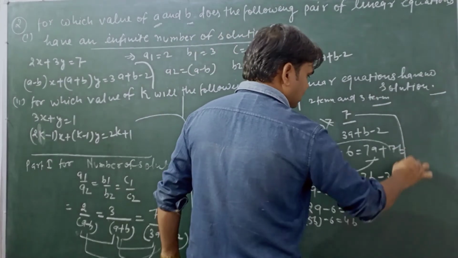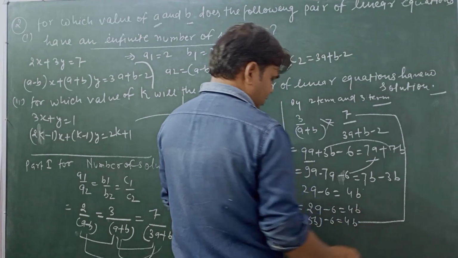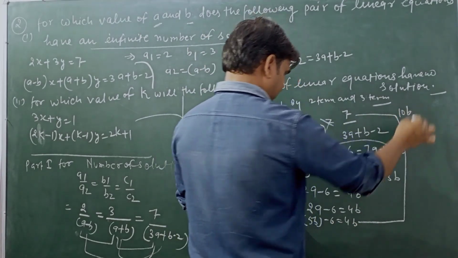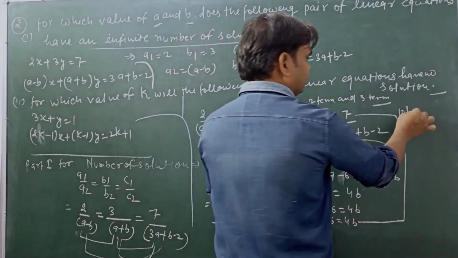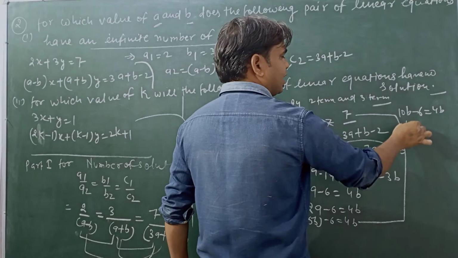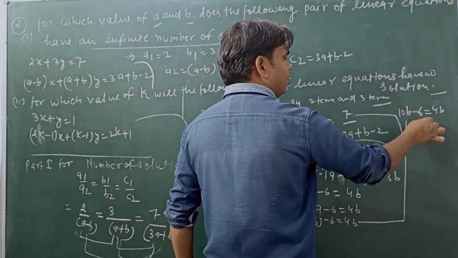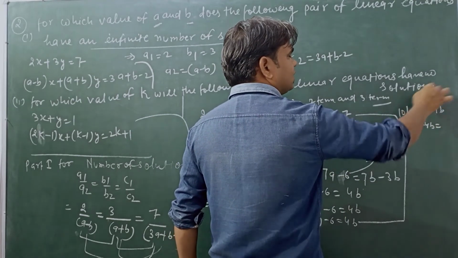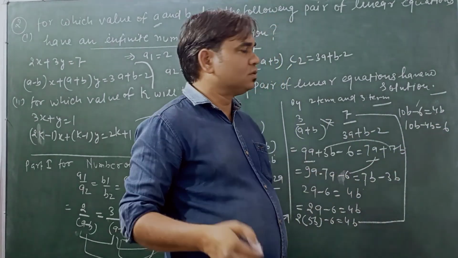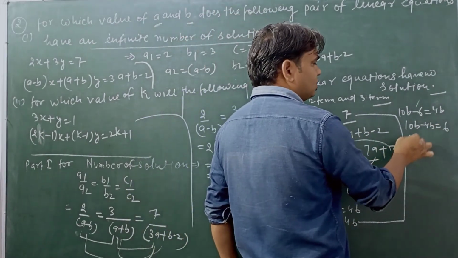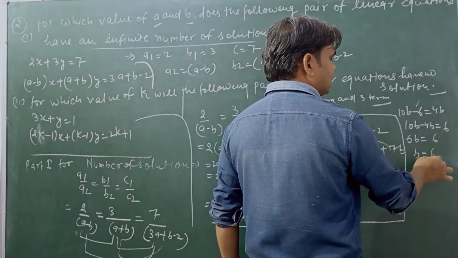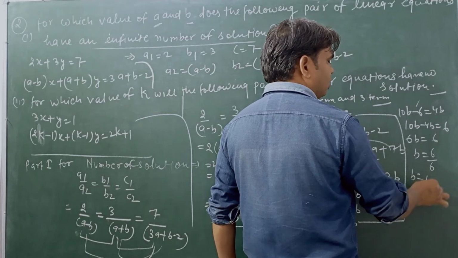From here we see 10b minus 6 equal to 4b. So we move 4b here, and 6 there, so the signs should be changed. So we find 6b equal to 6 and b equal to 6 over 6. So b equal to 1.